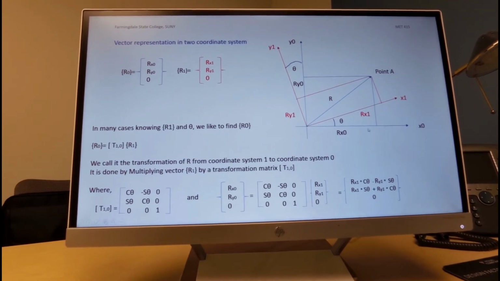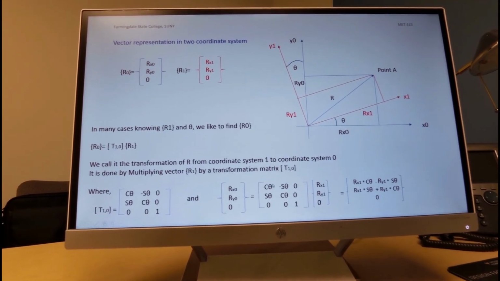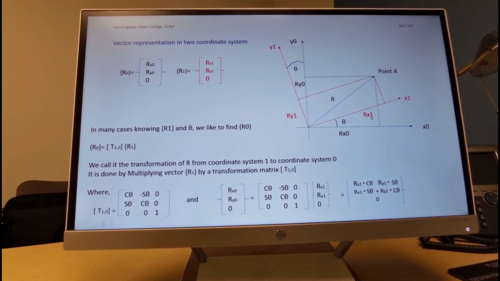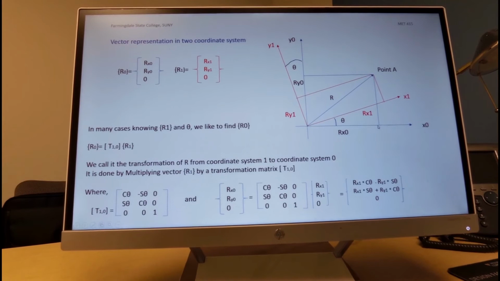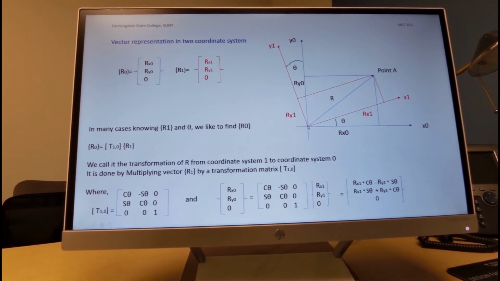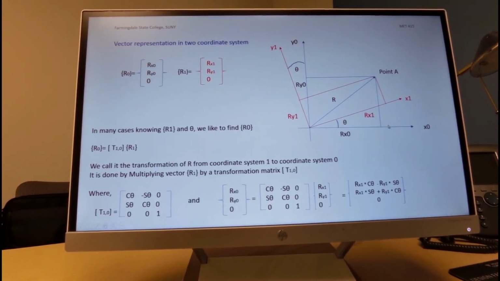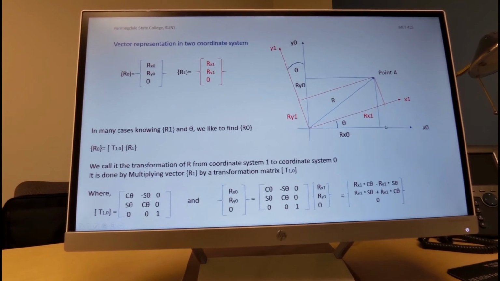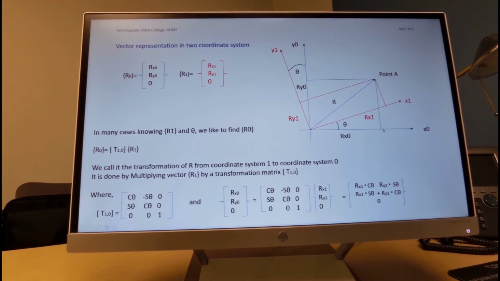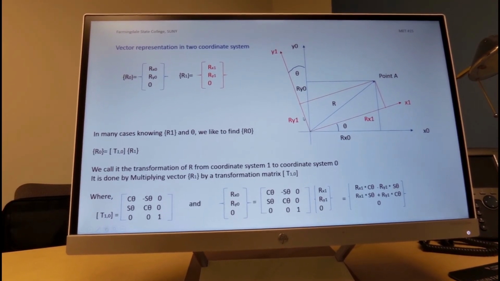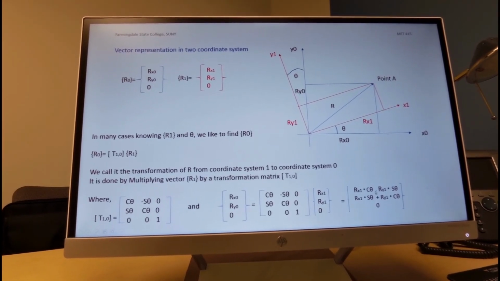It is also convenient to see this little sketch in order to figure out the signs. And as we see here, rx0 equals rx1, which is this line all over here, times the cosine theta, and that will be the projection over here, so it will be the distance from this point all the way here, and then we have to subtract from it a little portion over here, which is exactly ry1 times the sine of theta, with this element over here, and this is what we have in here.